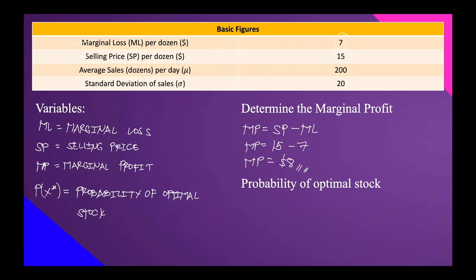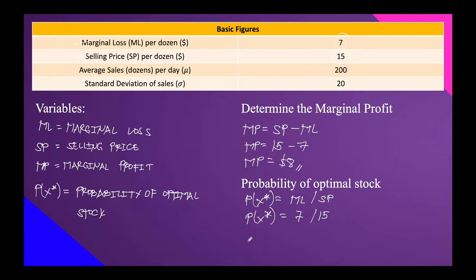Okay, so next we have the probability of optimal stock. We need to compute the probability of optimal stock. Just a recall, probability of optimal stock formula is ML or marginal loss over SP or the selling price. Okay, so let's divide these two numbers. ML is 7 and SP is 15.